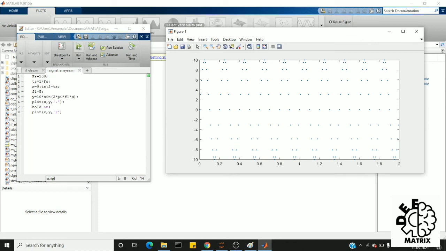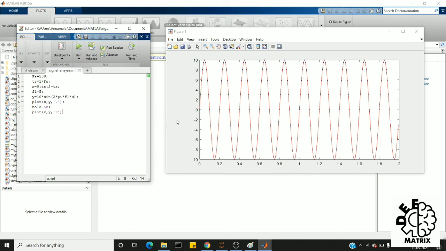We'll run this now. Just watch the figure window, you can see the observation. See, we are connecting these blue dots with the red line. So this is more like a sine wave, hence the sampling theorem is proven.